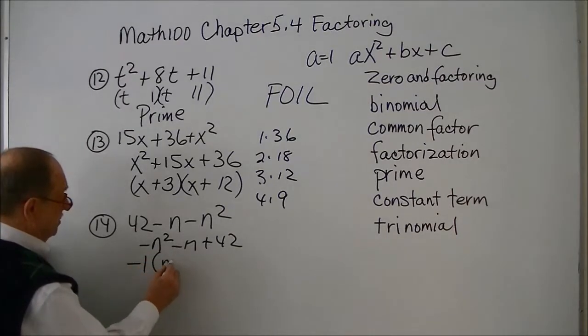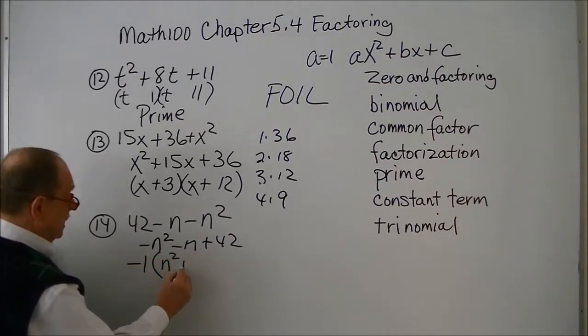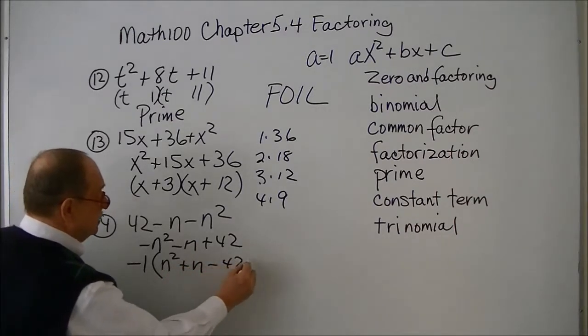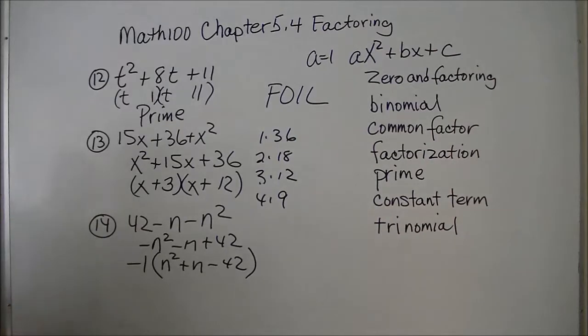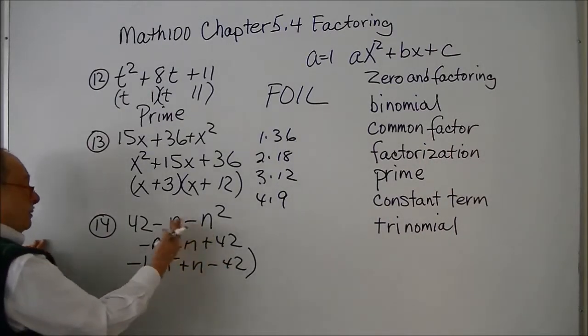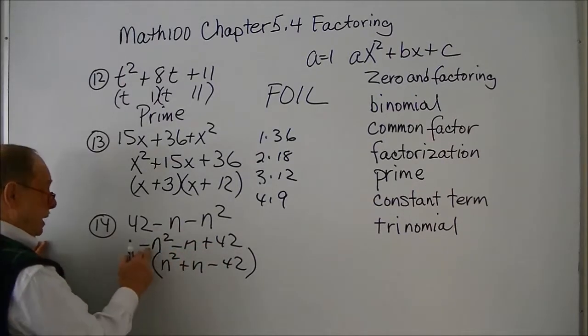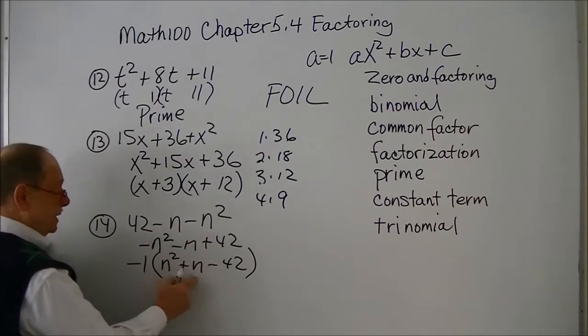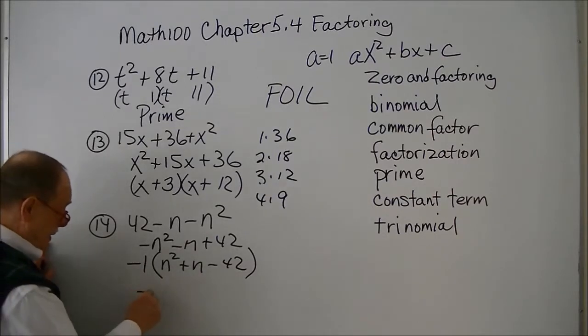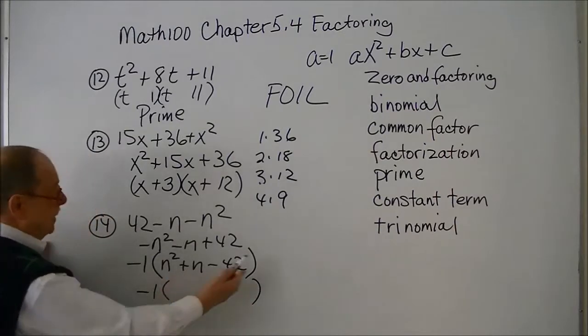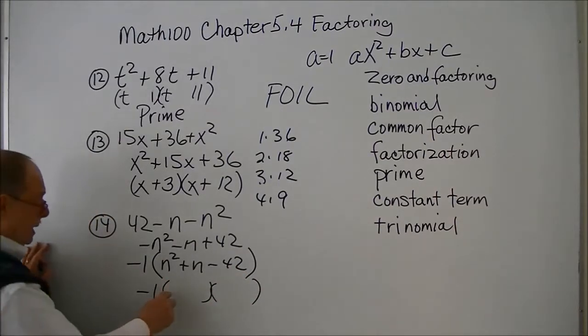So this now becomes n squared plus n minus 42. So what we did is we took out a negative 1 from each term, and that reversed all these signs. So our negative 1 stays there, but then this factors nicely.